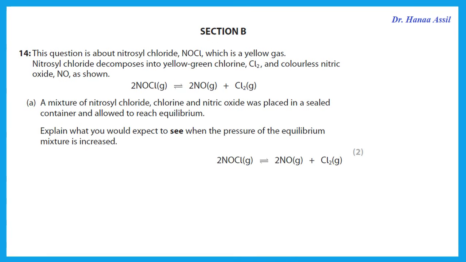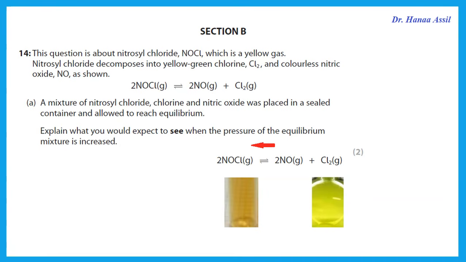Okay, so we have this equilibrium, and we are told that originally the NOCl is a yellow gas. The chlorine gas, of course, we know is a yellow-green gas. Now, we are increasing pressure. Again, increasing pressure shifts the equilibrium to the side with less number of moles.